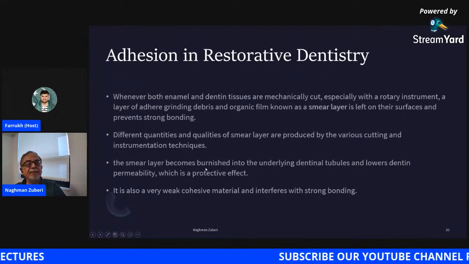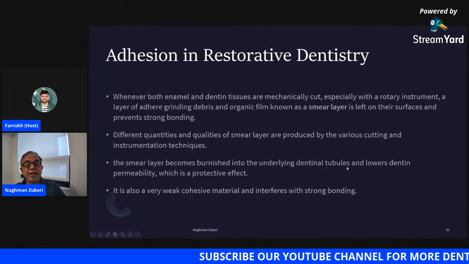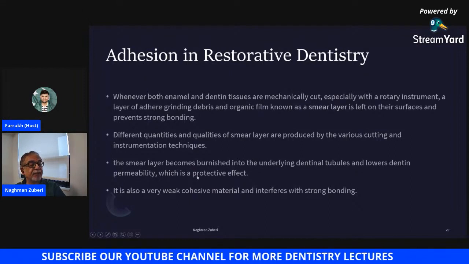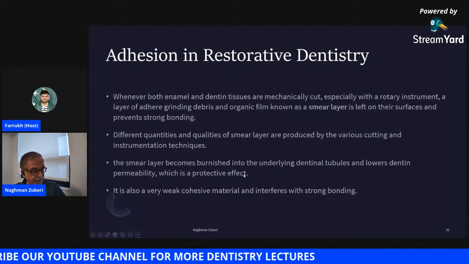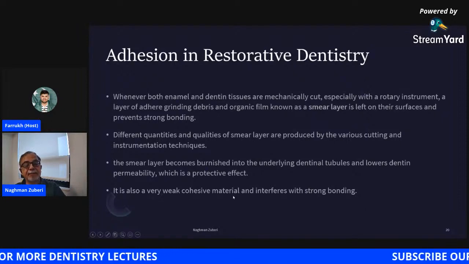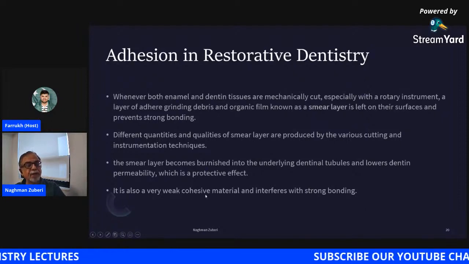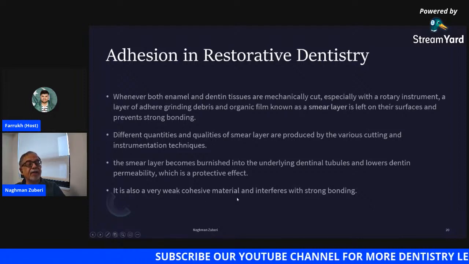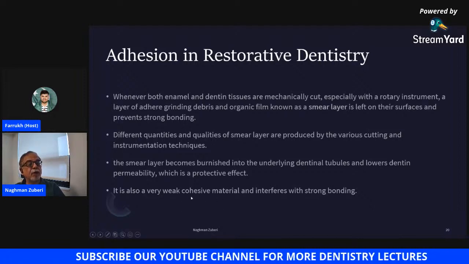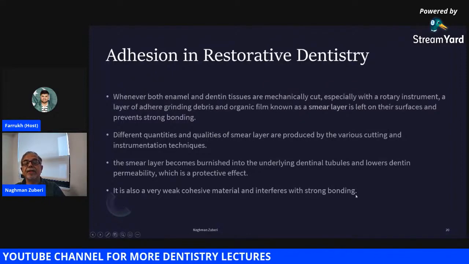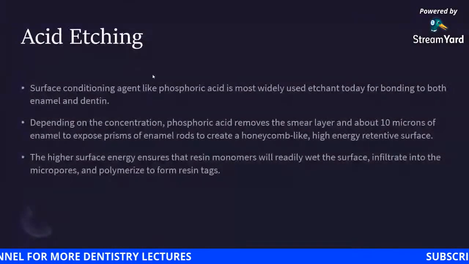The smear layer becomes burnished into the underlying dentinal tubules and lowers the dentine permeability, which is a protective effect. But it also has very weak cohesive forces. Cohesion is the attraction between the similar molecules of a material, and it interferes with strong bonding.